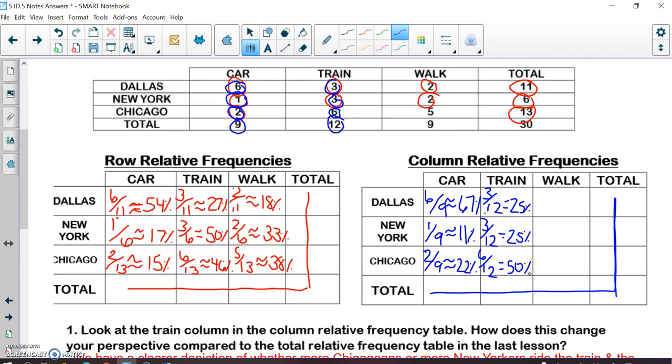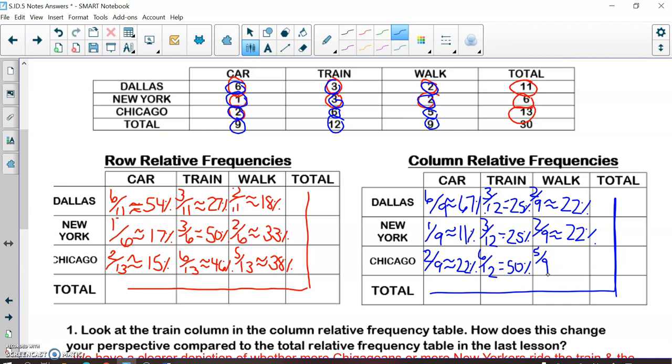Out of all the people that walked to work, 2 out of 9 were from Dallas. So that's 22%. 2 out of 9 were from New York, so that's another 22% of people. And 5 out of 9 were from Chicago.